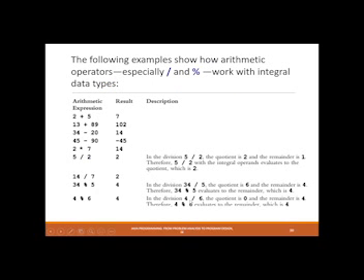The following examples show how arithmetic operators, especially yung divide and mod, work with integral data types. Halimbawa, yung 1, 2 plus 5, the result is 7. 13 plus 89, result is 102.